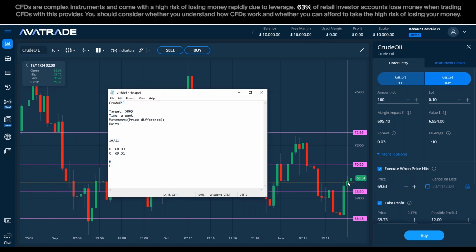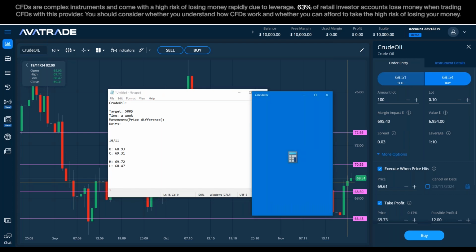So I'm simply copying the numbers that we have here at the upper left. High will be 69.72. Low will be 68.47. Now all we have to do is subtract the open from the close and the low from the high.